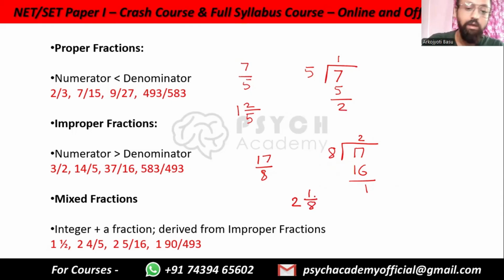So 2, 1 by 8. Now one interesting thing that you will notice is that in the improper and mixed fraction, the denominator is the same, because whenever you are converting improper to mixed, the denominator always remains the same. The change is only in the numerator.